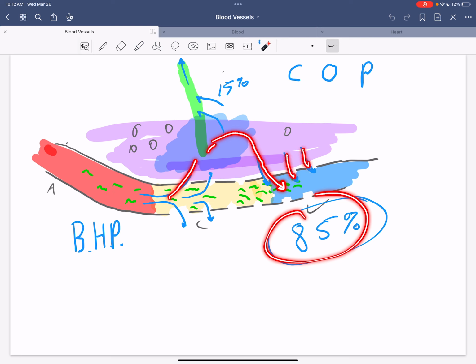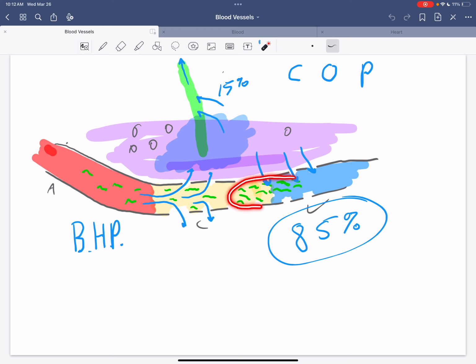Now, what's the force that's bringing the water back in here? Well, remember, we have this increased concentration of albumin. Remember, I didn't make more albumin in this short distance. It's just that I lost water. So functionally, I have an increased concentration of albumin.